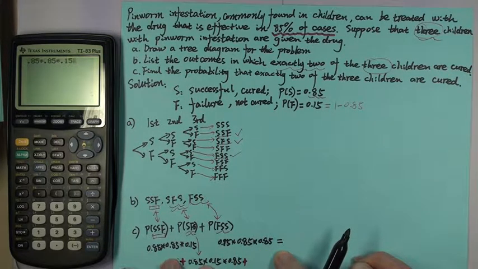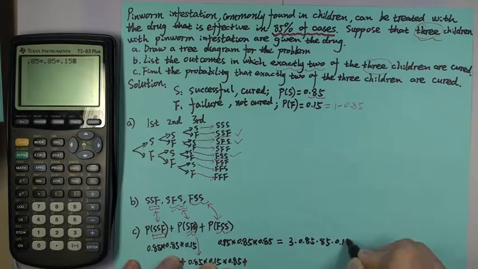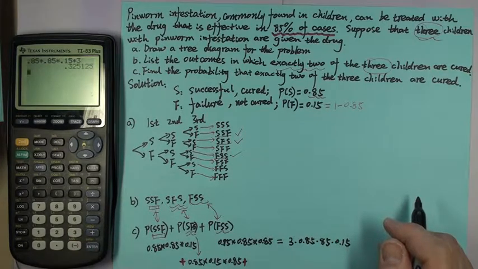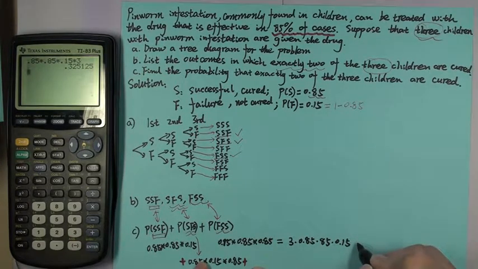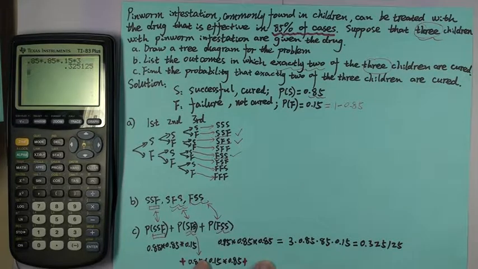So basically you have 3 times 0.85 times 0.85 times 0.15, and here you times 3. You hit the enter, you have the answer. That will be 0.325125. So that's the answer for C.